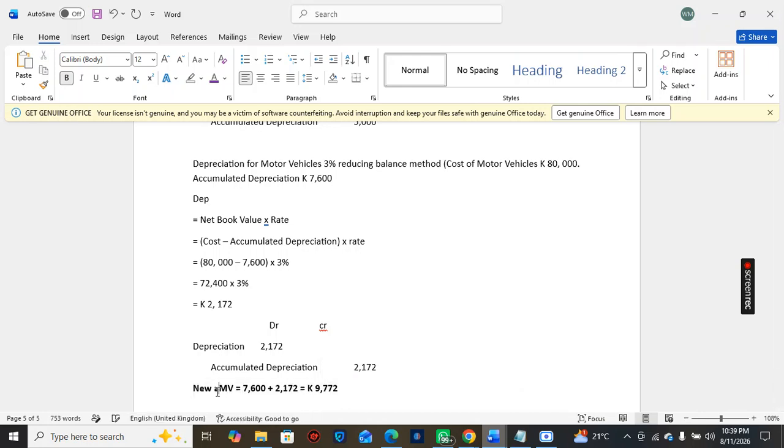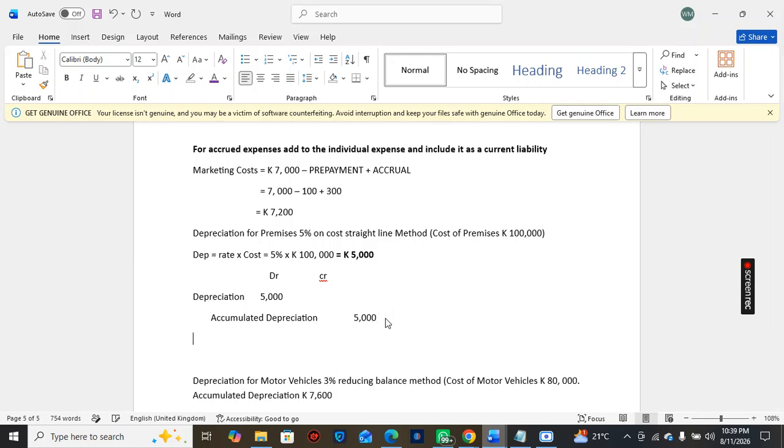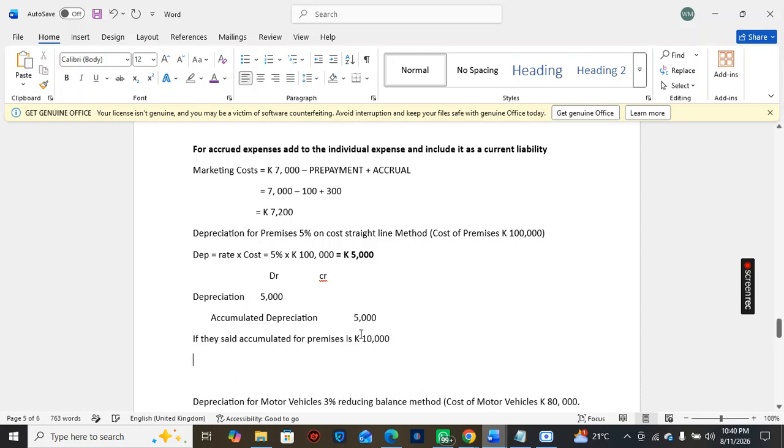Okay, for the straight line method, it's just that I wasn't given any pre-existing depreciation. But if they said the accumulated depreciation for premises is 10,000, then for that year you're going to add this new 5,000 to this 10,000 to get the new accumulated depreciation.